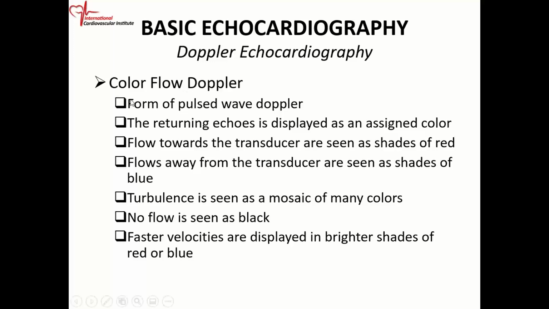So the returning echoes are displayed as an assigned color, and flow towards the transducer is seen as shades of red. Flow away from the transducer is seen as shades of blue. So when you see all those colors going all over the place, you have to slow it down and figure out what's going on there.